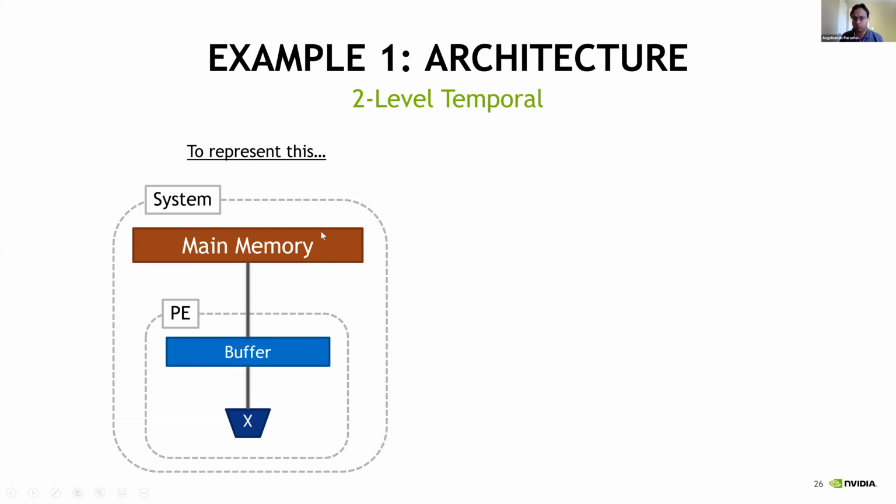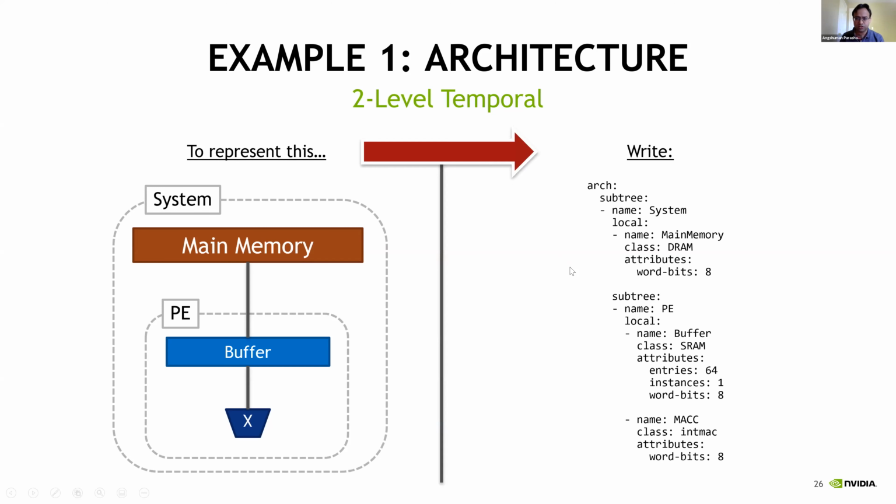In this case, we're just adding one more level of the hierarchy. We're adding a main memory to this PE. And to represent that, remember I said the architecture is a tree. What you see is you just introduce one more node of this tree, which is this system block. Within that, your local element is this main memory, which corresponds to this block here.